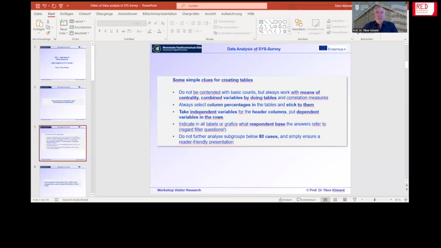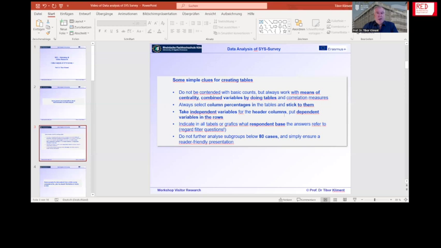Also, when doing tables, look at your respondent base. That means look how many respondents you have. When you're combining two variables with one another, it may happen that your cases are decreasing because not all respondents have answered every two questions.